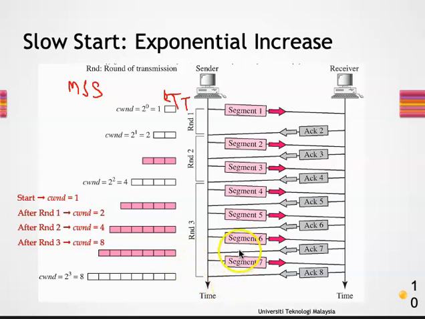It is also worth mentioning that when the value of CWND equals the slow start threshold, or SS thresh, slow start will end and TCP will transition into congestion avoidance mode, which we are going to have a look at after this.